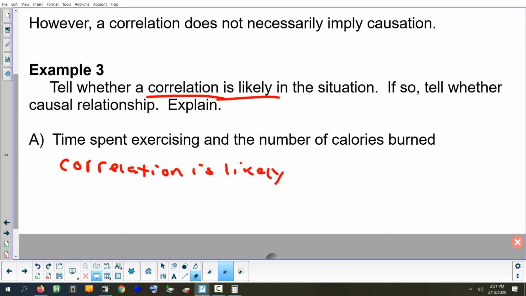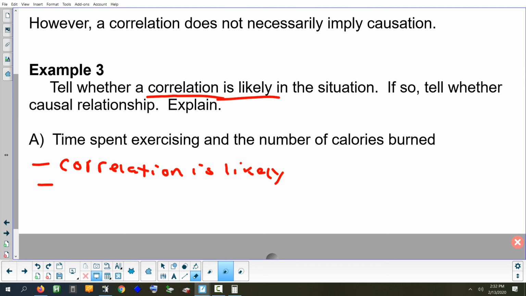Now, it says, if you think there's a connection, is it causal? Causal means if you change one, it has to change the other. If you change the time, is it guaranteed it's going to change how many calories you burn? Yes, it's guaranteed. If you walk for a shorter amount of time, you're going to burn less calories.